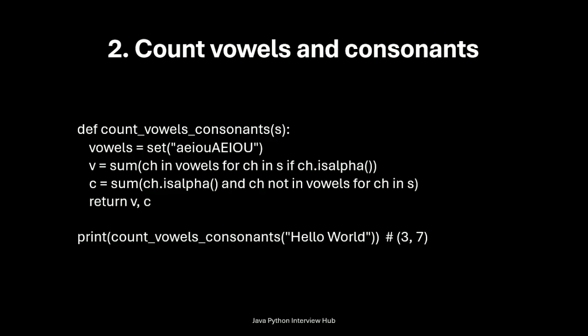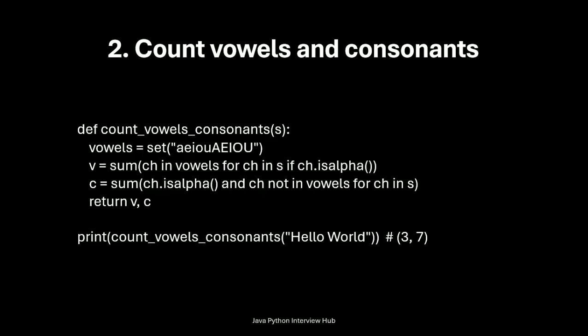Second is, count vowels and consonants, right? You can see on your screen there is a function, vowels is equal to set. Set means it will provide unique data. With small letters and capital letters, we have provided all vowels. v is equal to sum, 1 for ch in s if ch in vowels, where s is a string and ch is a single character taken from the string, and it is called a comprehension.